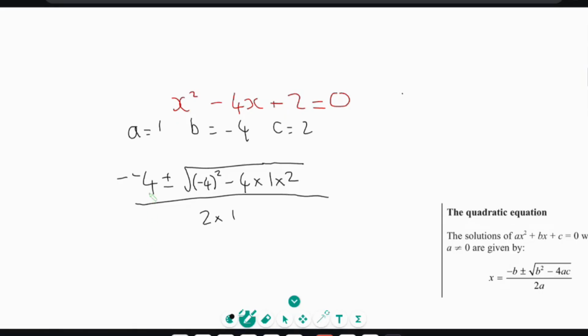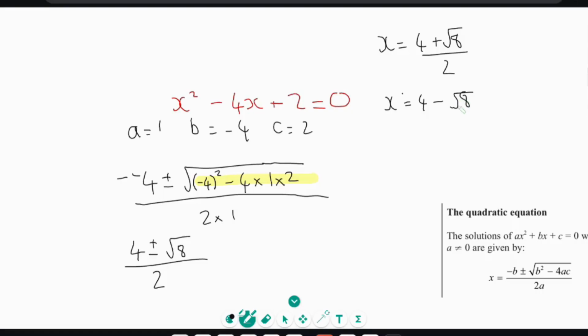Okay, let's look at simplifying this then. Minus -4 is 4. And let's work this bit out under the square root. Should have 8. So root 8 all over 2 times 1, which is 2. So one of my answers is 4 plus root 8 all over 2, and the other answer is 4 minus root 8 all over 2.